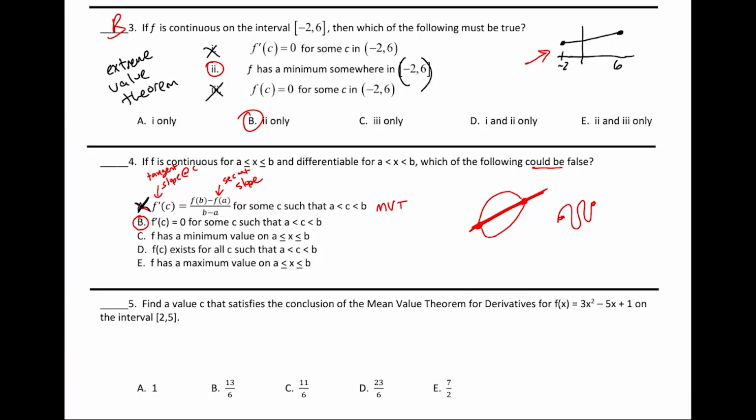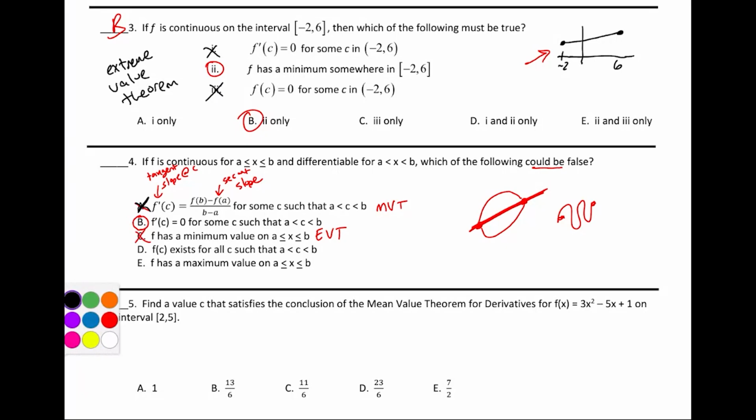C says f has a minimum value. Well, that's what the extreme value theorem gives us, that there for sure will be some minimum value on that closed interval. Again, if it was the open interval, then no, we couldn't necessarily say that. But because it's continuous on that closed interval and differentiable in the open interval, that has to be true.